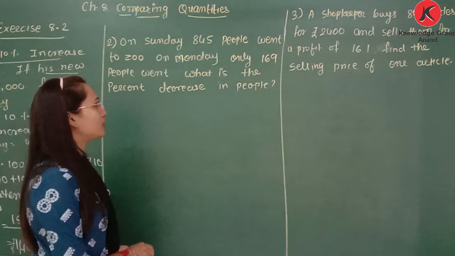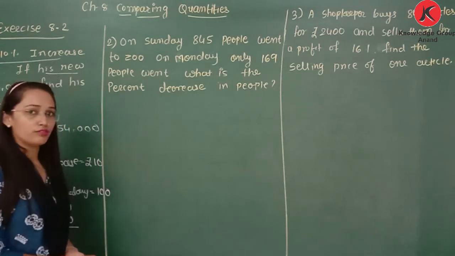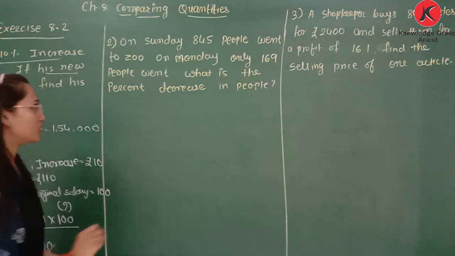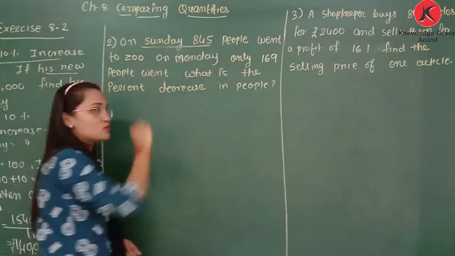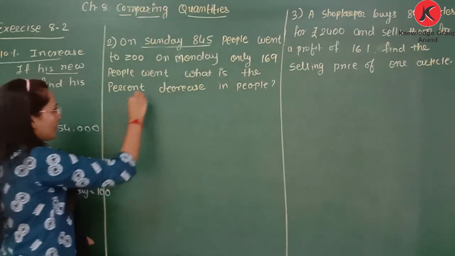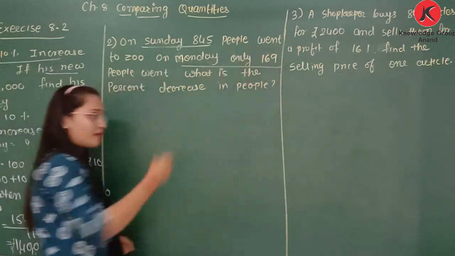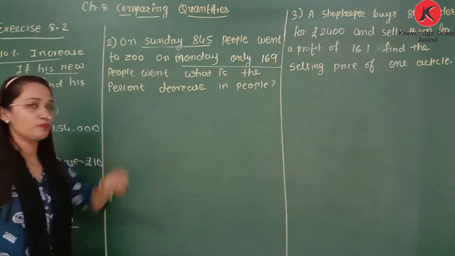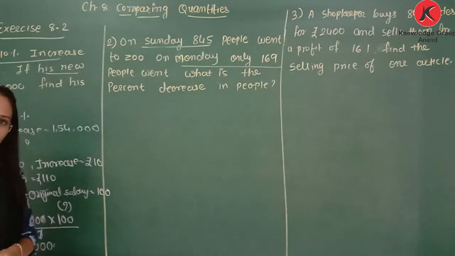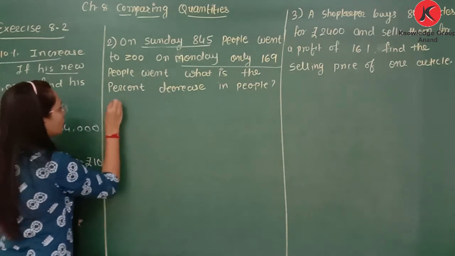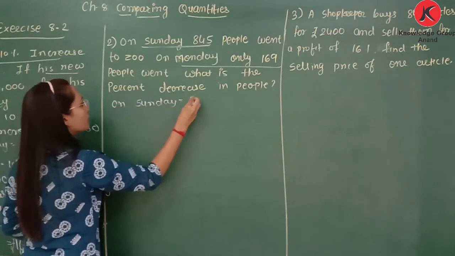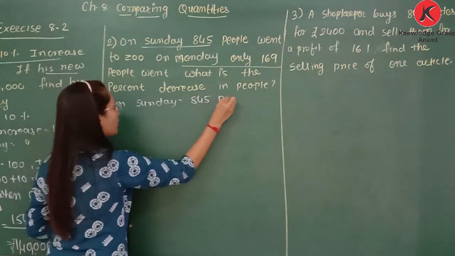On Monday, only 169 people went to the zoo. What is the percentage decrease in people? So on Sunday this many people went to the zoo and on Monday this many people went to the zoo. So what is the decrease? So first of all, the decrease in the number of people we can find. On Sunday, 845 people.